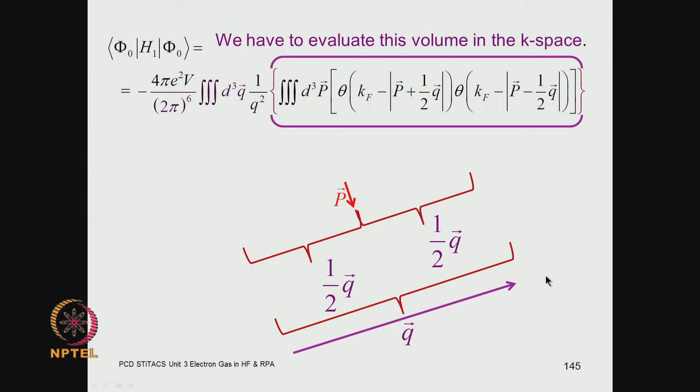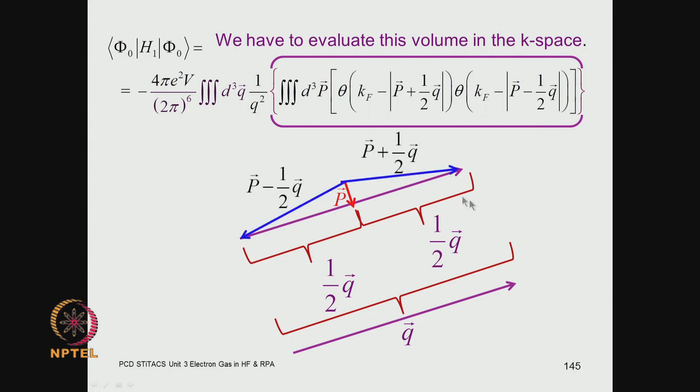So, I write this q as twice half q. So, this is the geometry now, and what it tells me is that this vector is P plus half q and this vector is P minus half q. This is just from the triangle law of addition of vectors.